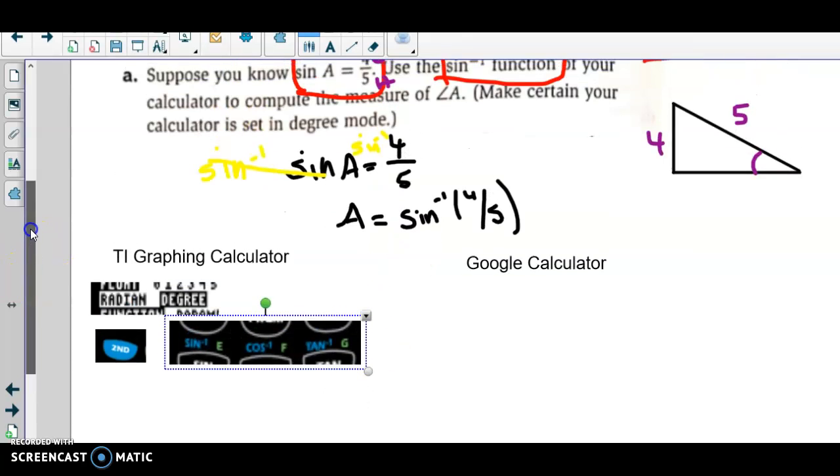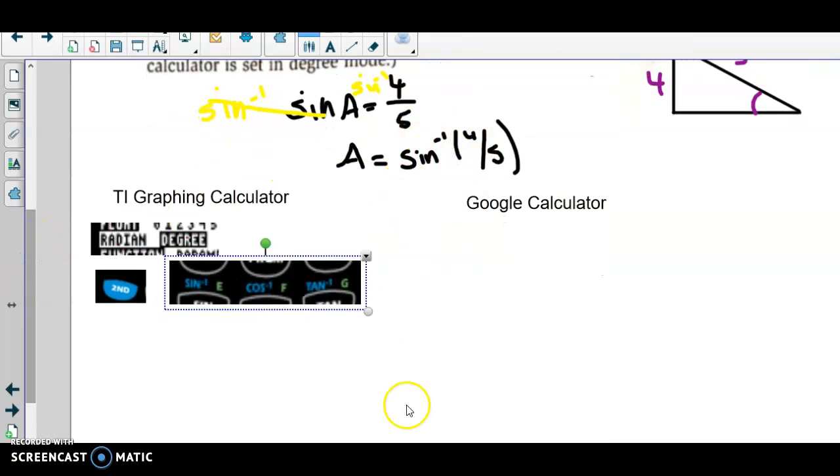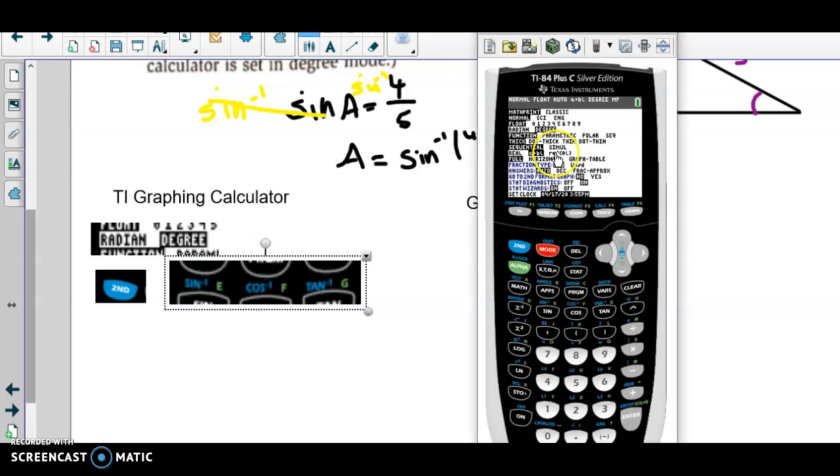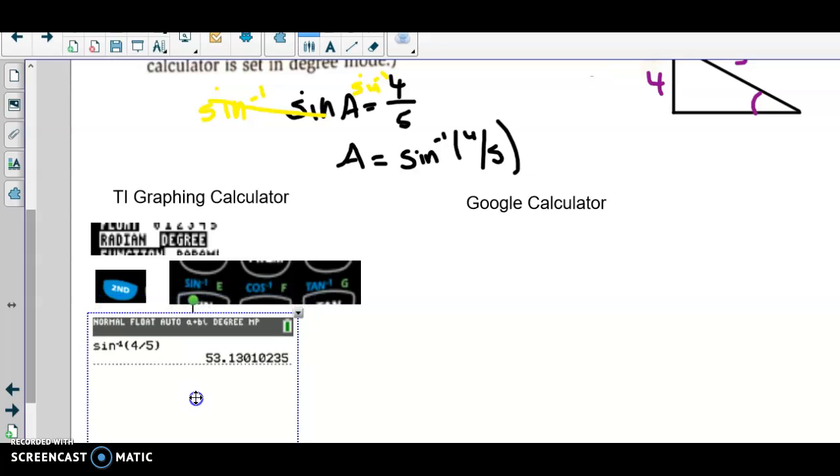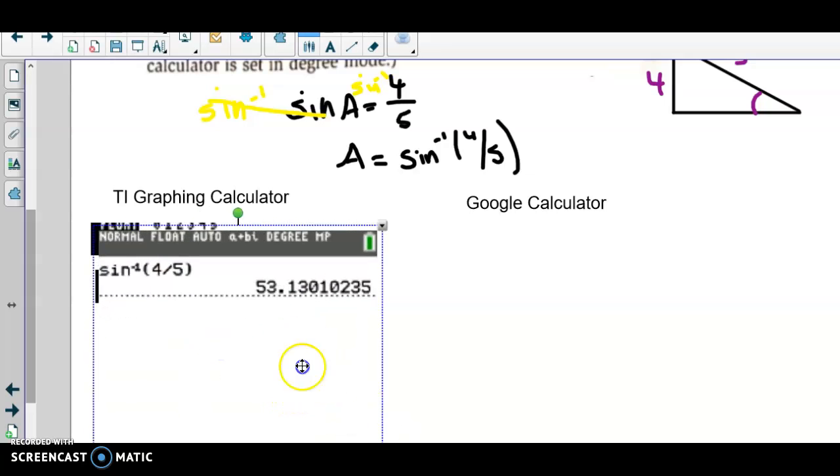Remember, what we're doing is this function right here, sine inverse of 4/5. On our calculator, we go to our home screen, and we're in degree mode. We hit second, sine inverse, 4 divide 5. It's so much easier than what we just did because you're not really solving an equation, you're just plugging something in. And you get your answer. The answer here would be 53 degrees, okay?